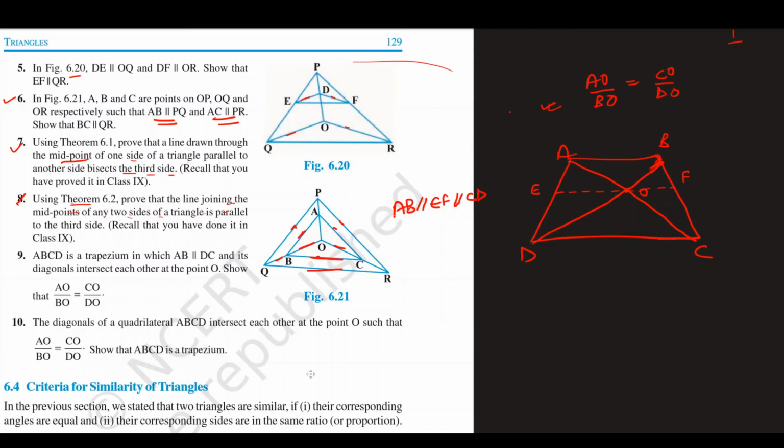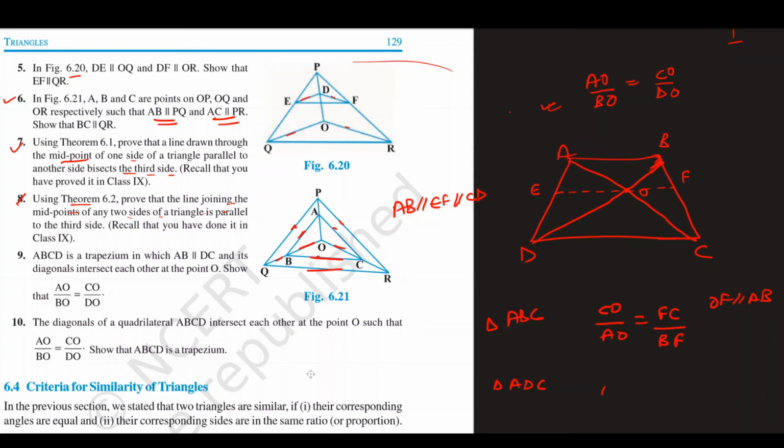So just look at this triangle ABC. In triangle ABC, we have CO upon AO is equal to FC upon BF. Why? Because OF is parallel to AB. Then we have to look at triangle ADC.